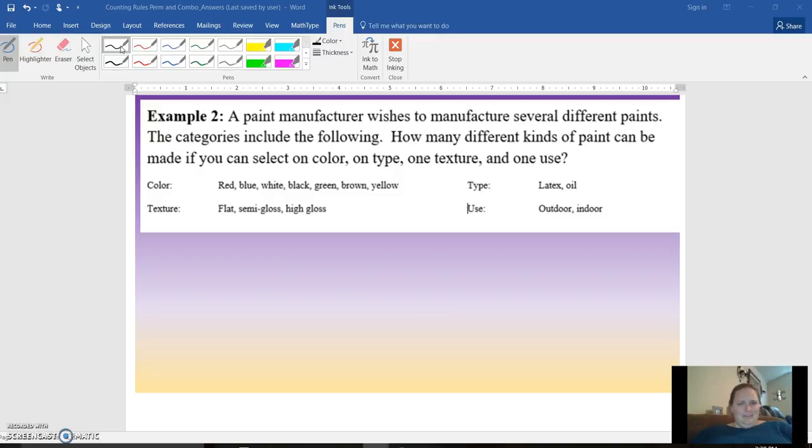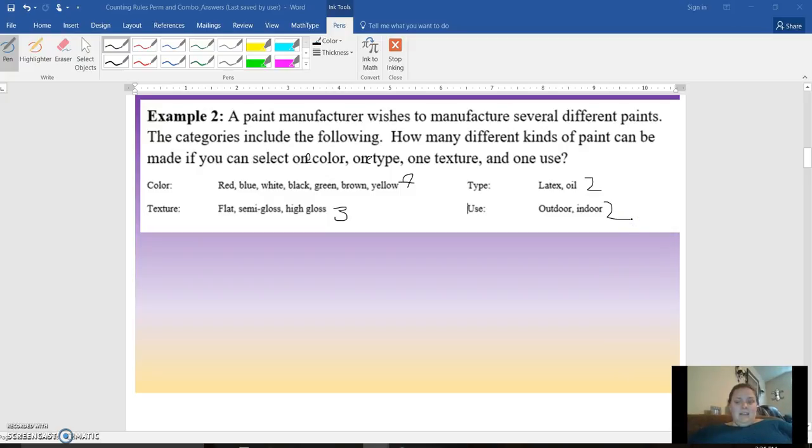Alright, totally focused now. Okay, so they want to know how many different kinds of paint you can have if you have just 1 color, 1 type, 1 texture, and 1 use. So there are 7 of these, 3 of these, 2 of those, and 2 of those.